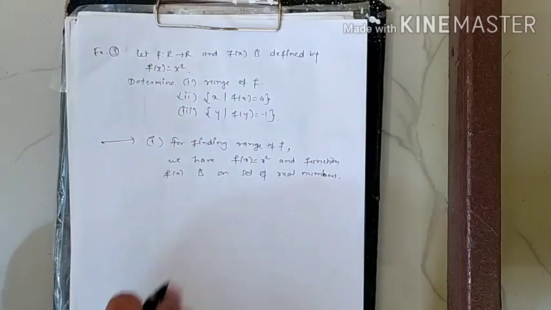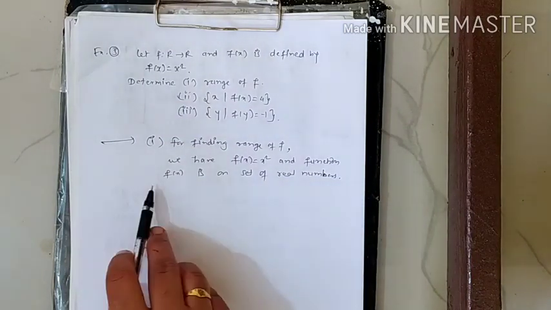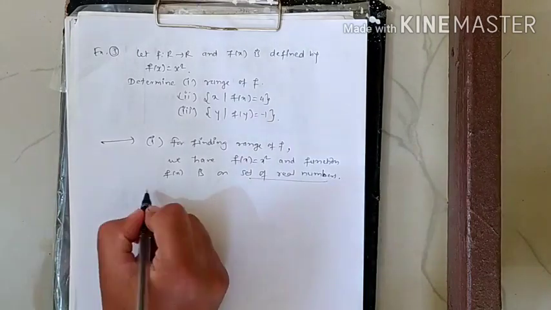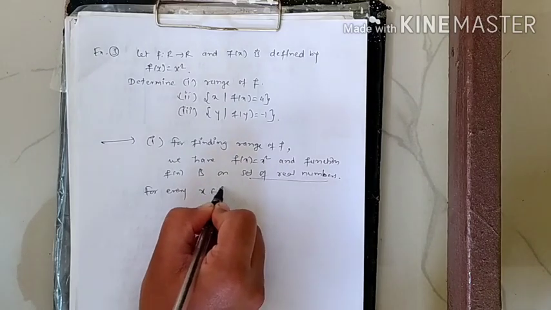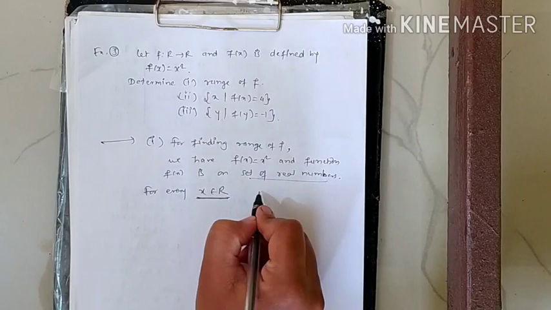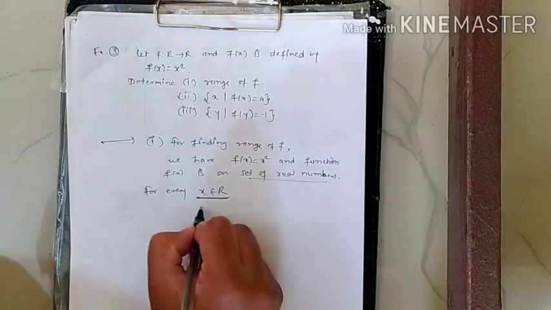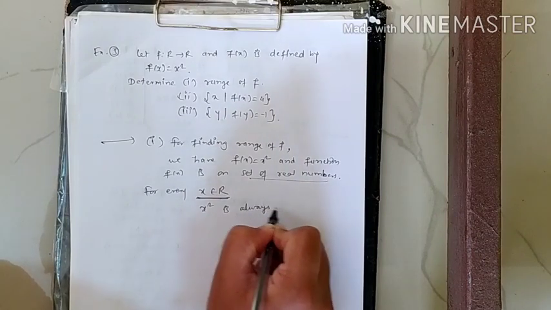Okay. Now we have f of x equals to x square and the function is on the set of real numbers. See student, for every x belongs to R, whether x is positive, negative or 0, x square is always positive.